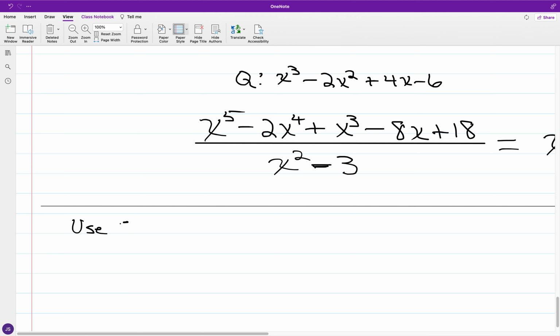So if we're looking at using synthetic division to find the quotient and remainder.